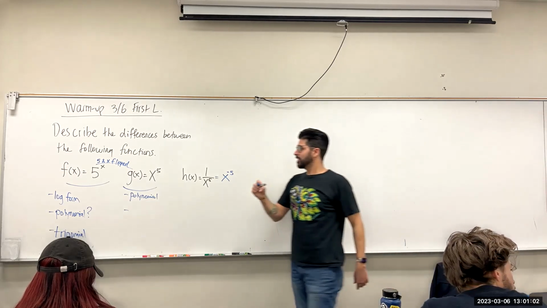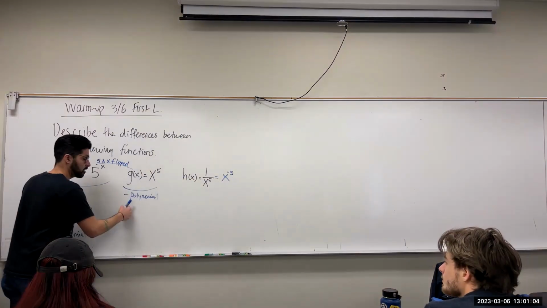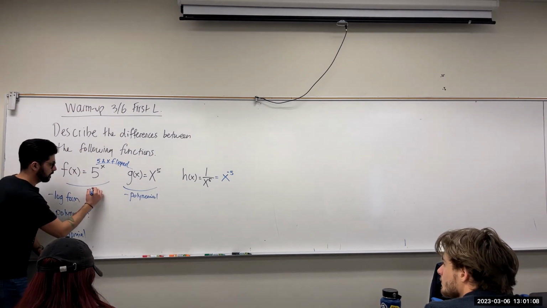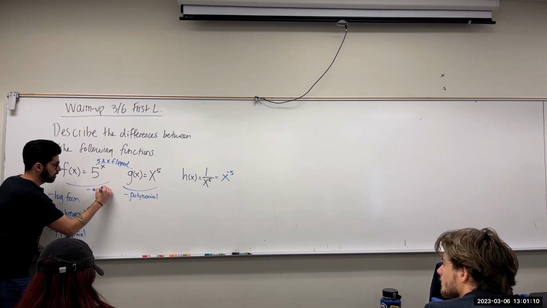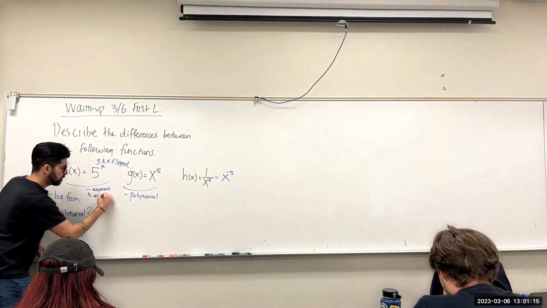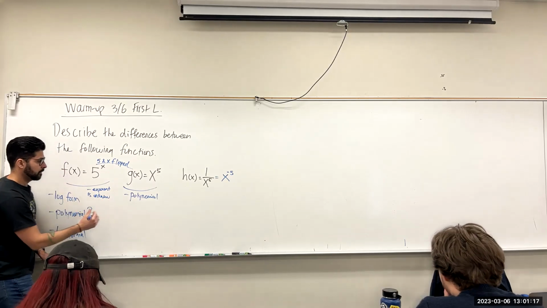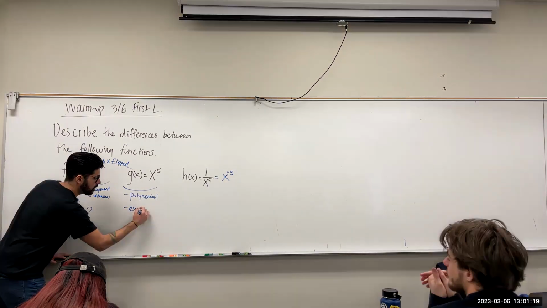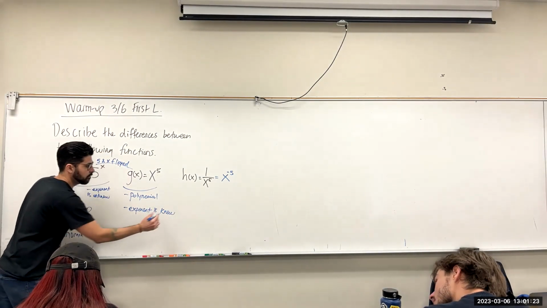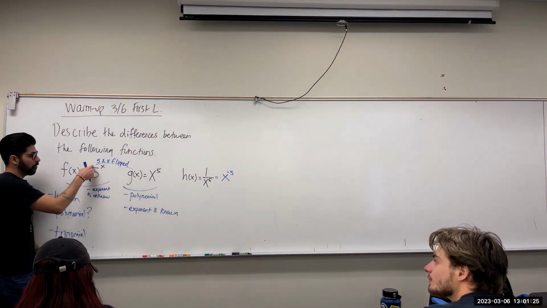Yeah, go for it. I just said that the first one has an exponent that is unknown, whereas the second one is a known exponent, but the variable is unknown. So this one is x, so the exponent is unknown. Here the exponent is known. All right. What do you guys remember the vocab word for what the 5 is?